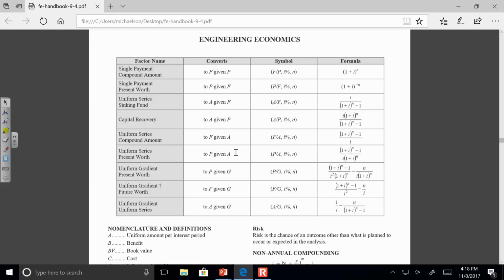Make sense? By and large, the three most common dollar structures that you're going to need to work with on the exam are present values, future values, and annual values. In other words, if I put $100 into that account every year.